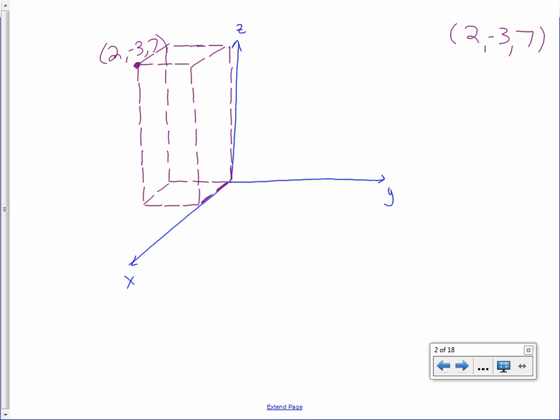So this point is 2 units in the positive x direction, 3 units in the negative y direction, and 7 units up. There's that point in space. The reason I want you to get used to doing this is that eventually that point might be the endpoint of a vector.